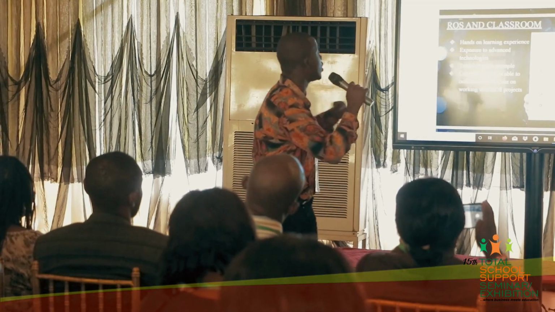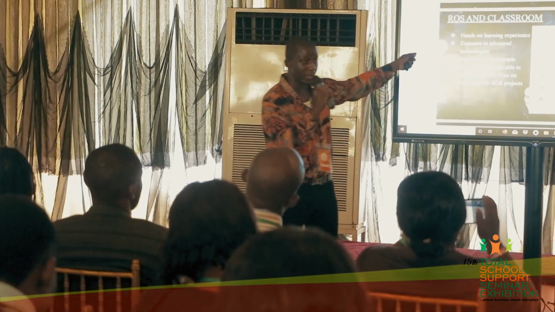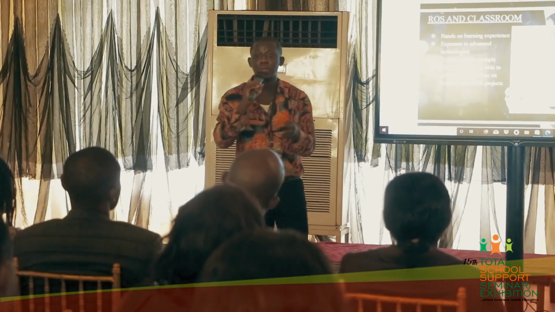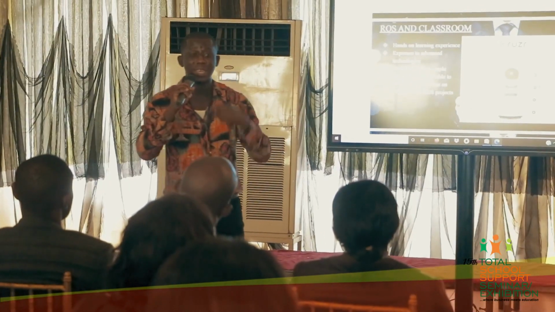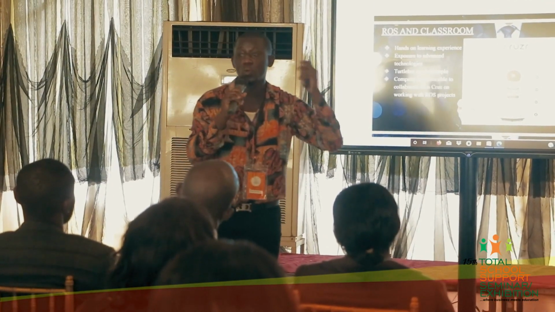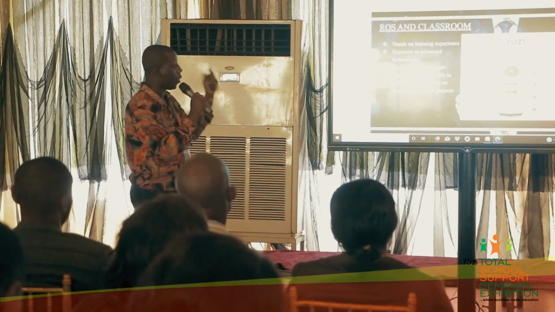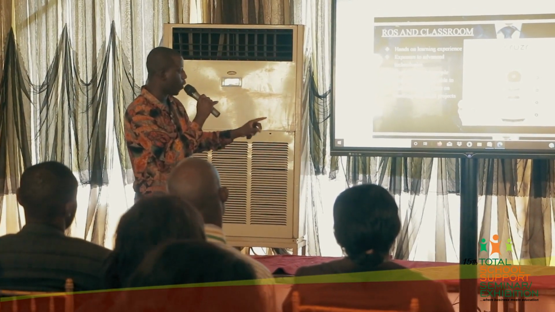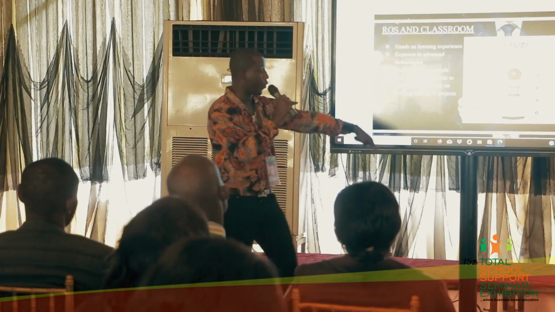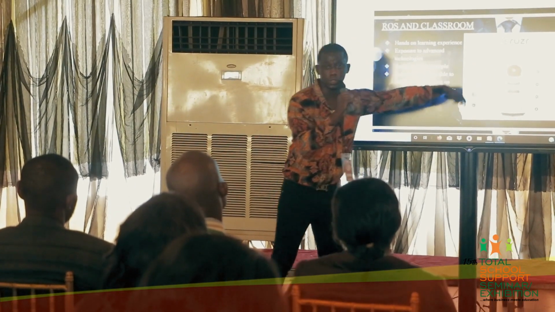You understand? Because they are also going to be learning a little bit of programming and stuff like that. And programming is more creative than analytical. You understand? Which also helps widen the knowledge of a student or whoever is being involved. So this is an example of the ROS stuff.